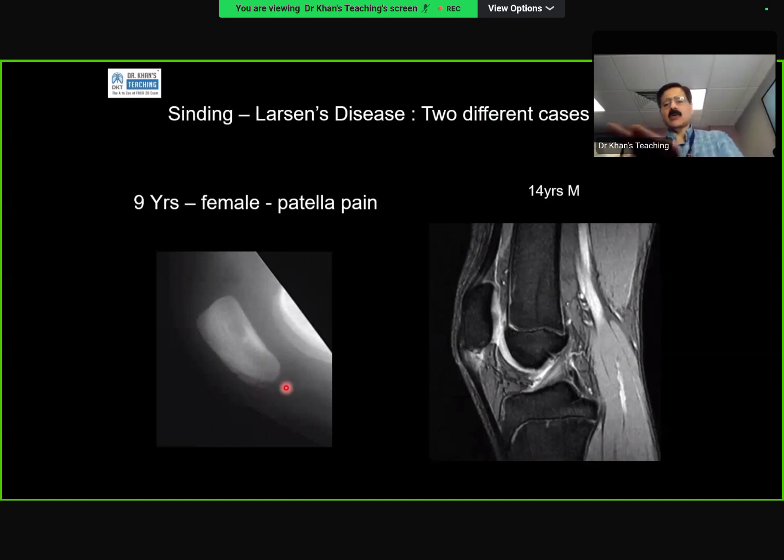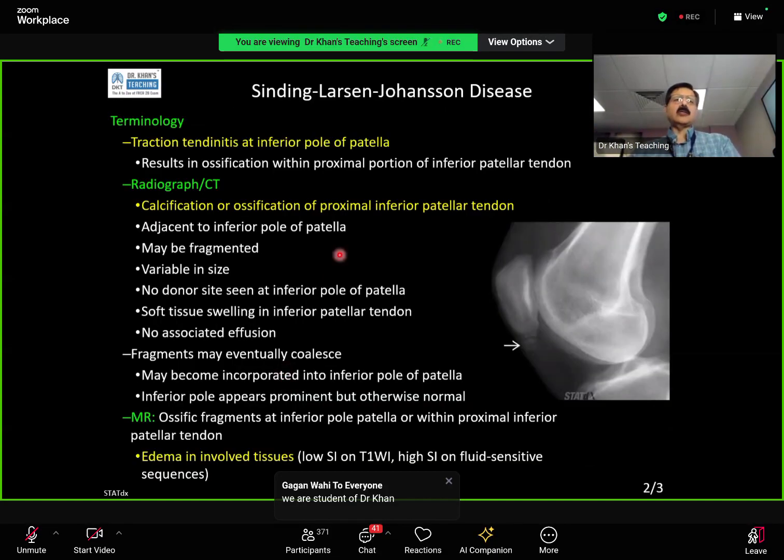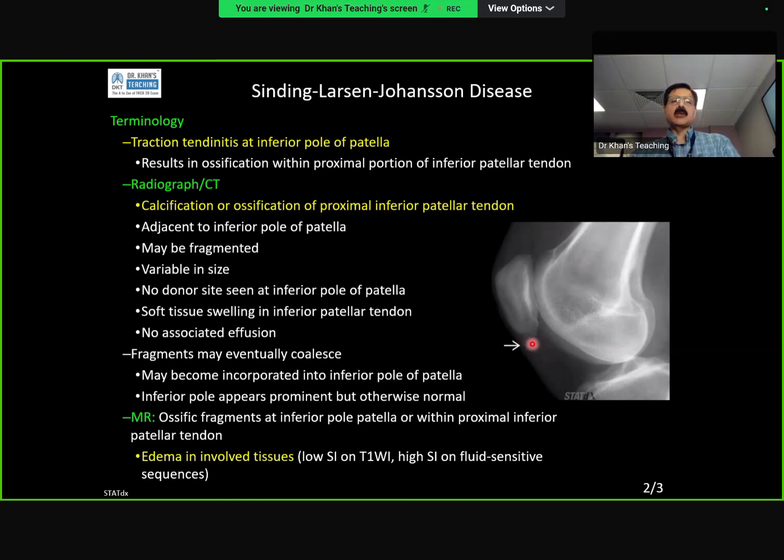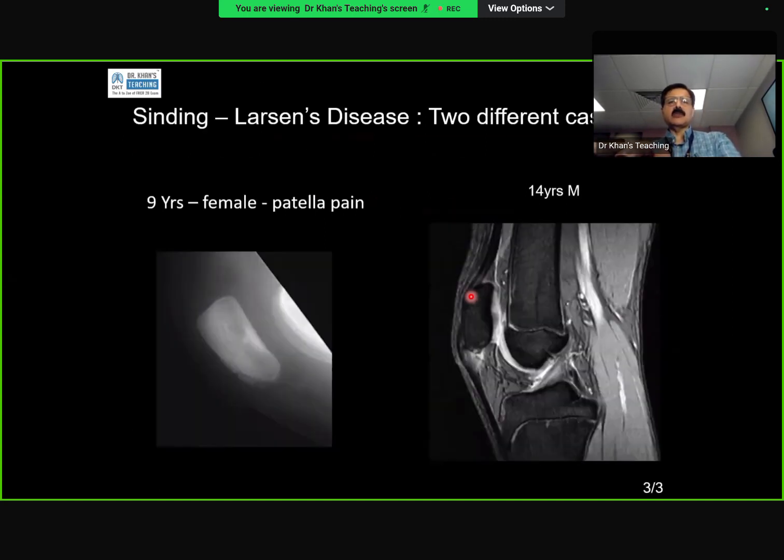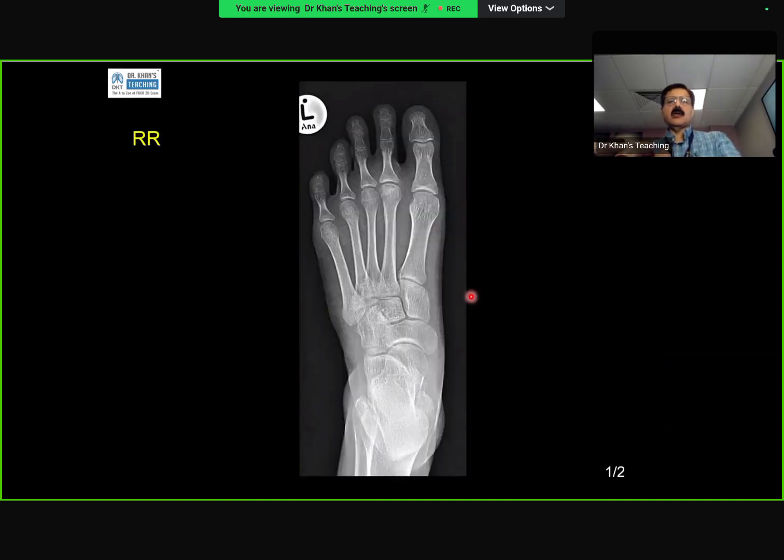Later on people understood that actually it is just traction tendinitis of the inferior pole of the patella, and within that tendon there can be ossification, which gives you this fragmented appearance. Sinding-Larsen disease.